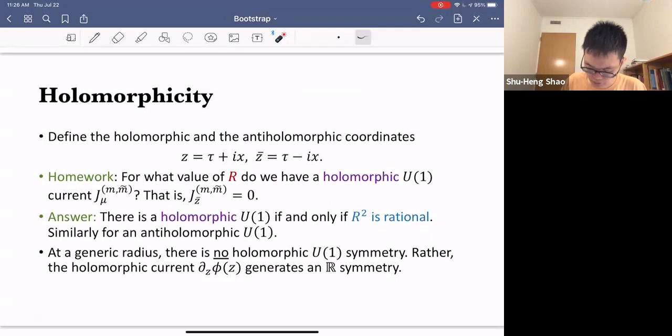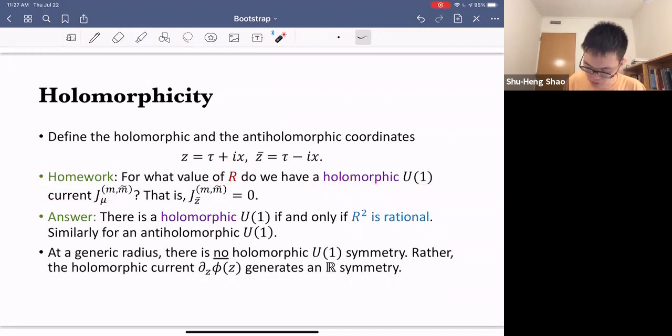What's the relation with the holomorphic or left-moving U1? Before we discuss that, let's define the holomorphic and anti-holomorphic coordinates in Euclidean signature. Then it's an easy exercise, which I find quite illuminating, to determine for what value of the radius we have a holomorphic U1 current.